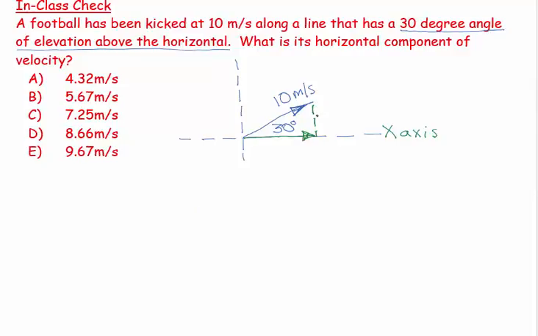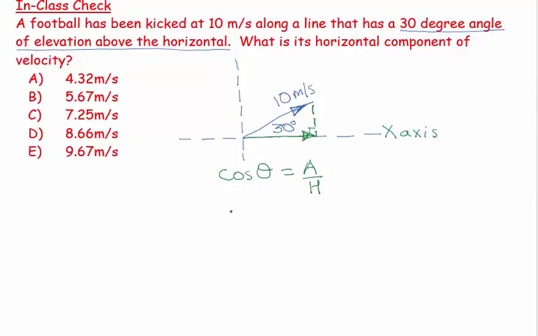Well, I projected this end of the arrow down, and that was 90 degrees. So this is a simple right angle triangle. I can simply say cosine theta is equal to adjacent over hypotenuse.